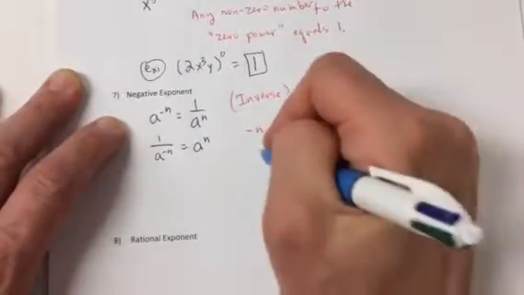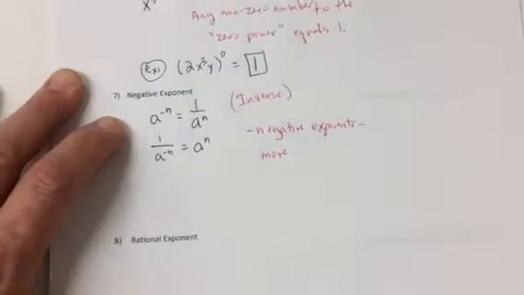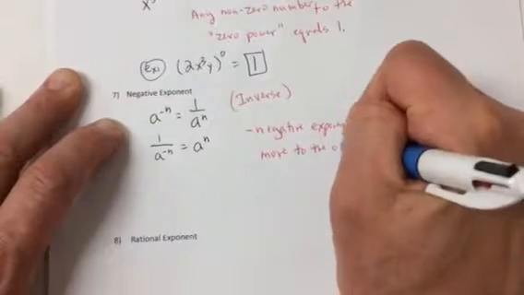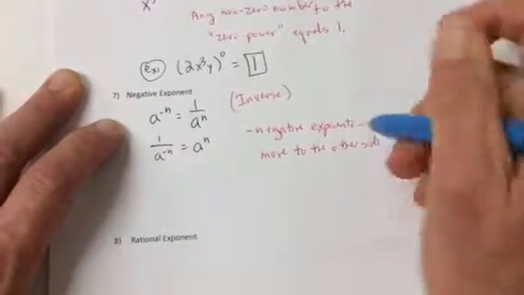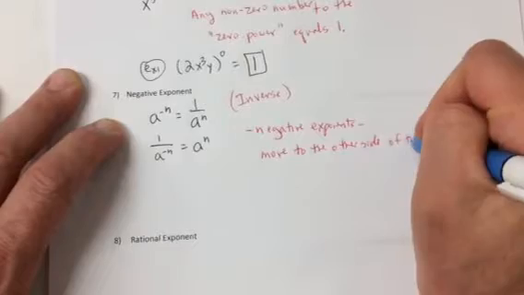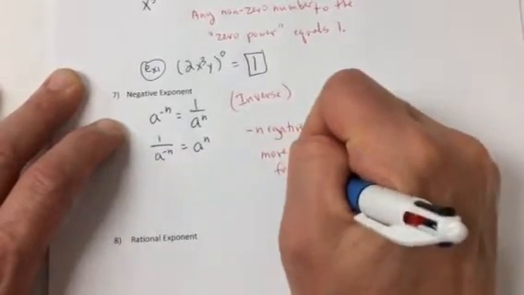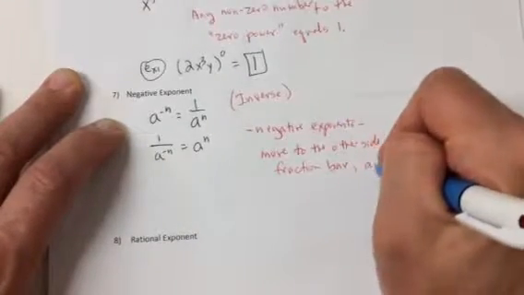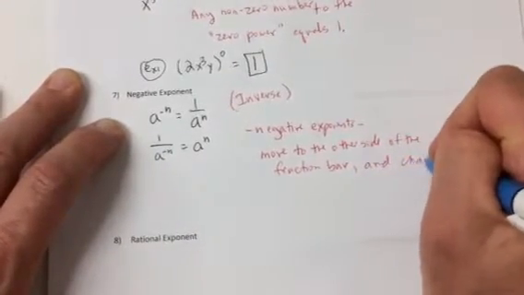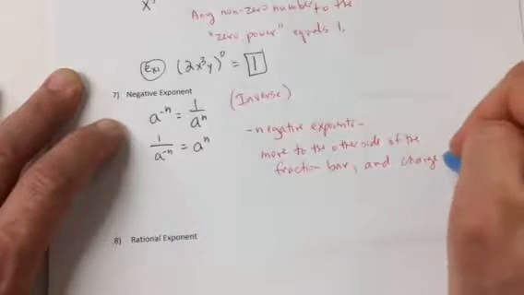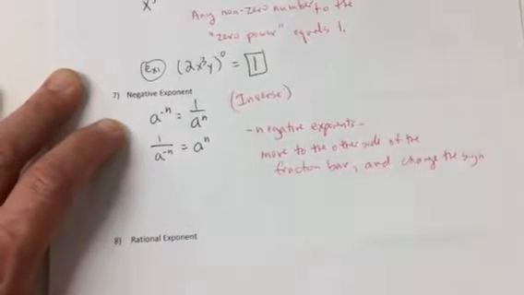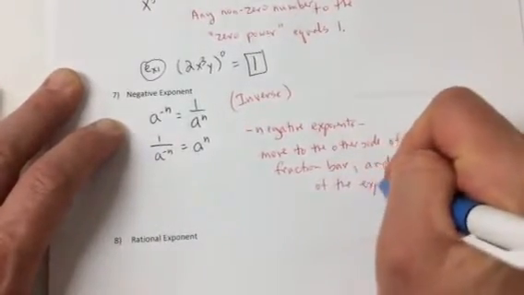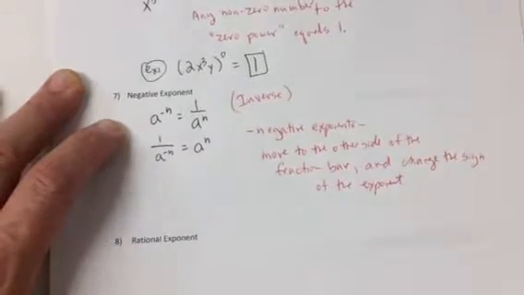For negative exponents, you move the base and its exponent to the other side of the fraction bar, and change the sign of the exponent.